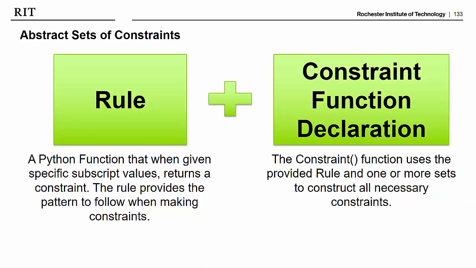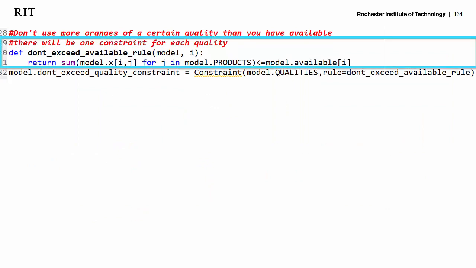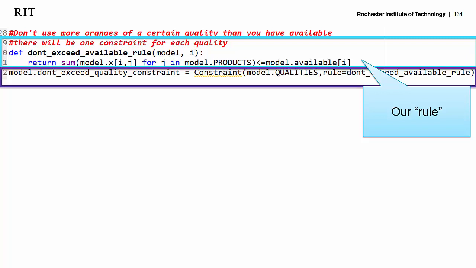So we've got our rule. Now we need to attach or make use of that rule when we create our constraints. Our whole constraint code is made up of 2 lines that make our rule, or our pattern to follow when making constraints, and 1 more line that says, hey, I want you to add a set of constraints to my model.